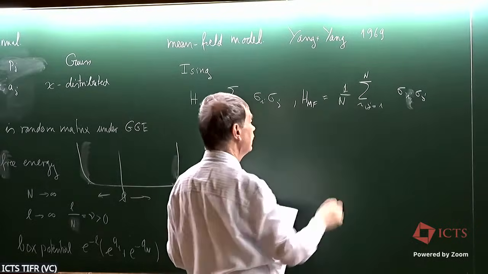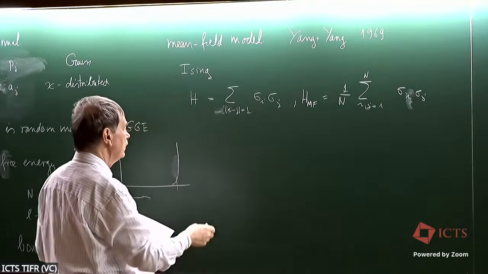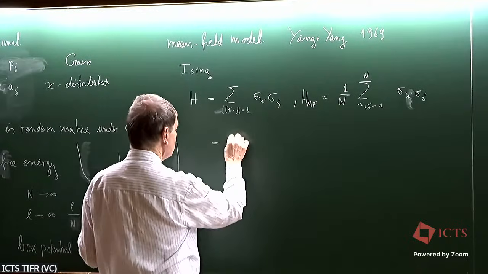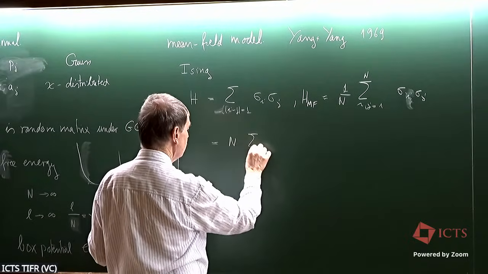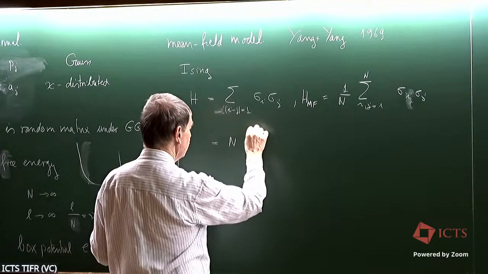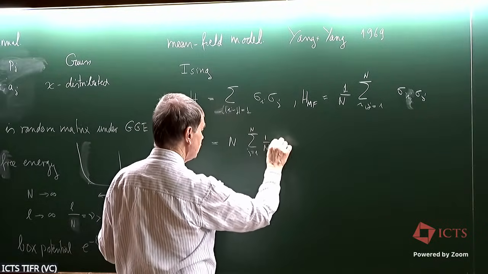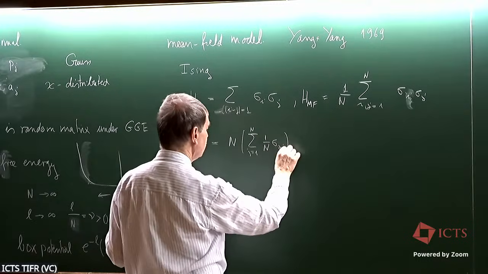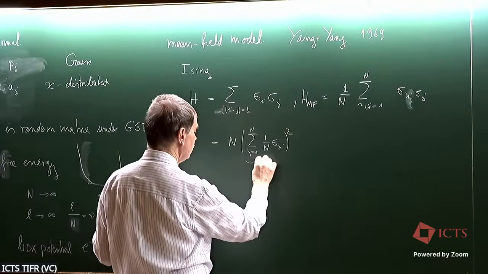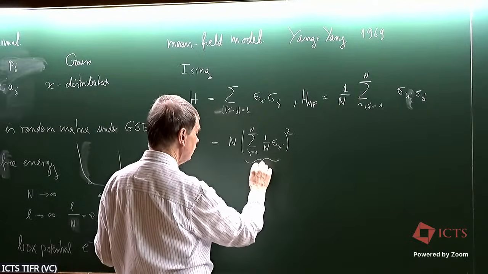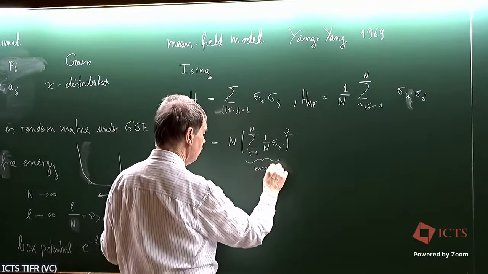But you can rewrite it in the following way. It's n, and then you take the summation j equal 1 up to n, 1 over n times sigma j, and you simply square this. I have the 1 over n in front of it. So this will be the macroscopic magnetization.